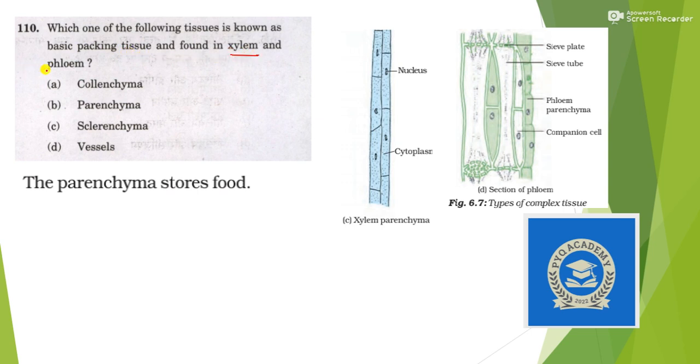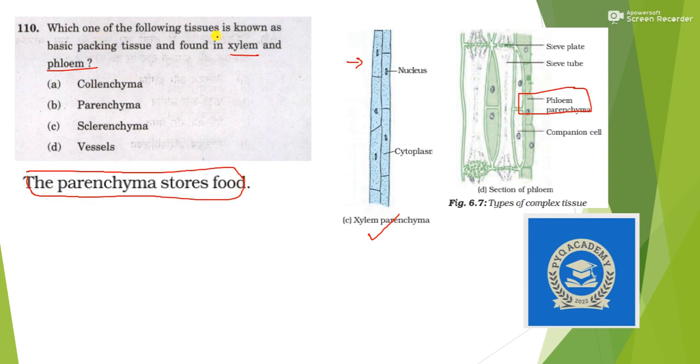Which one of the following tissues is known as basic packing tissue and is found in both xylem and phloem? I picked this image from the chapter Tissues of class 9. Here you can see xylem parenchyma, and this is phloem, in which you can also see phloem parenchyma. Parenchyma stores food.